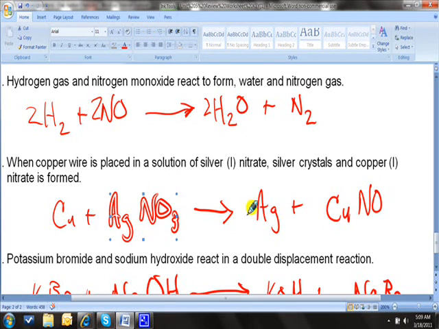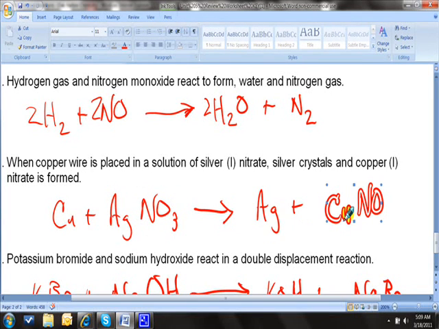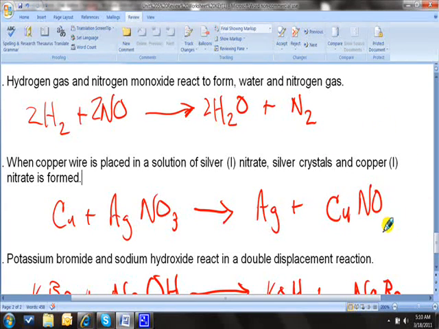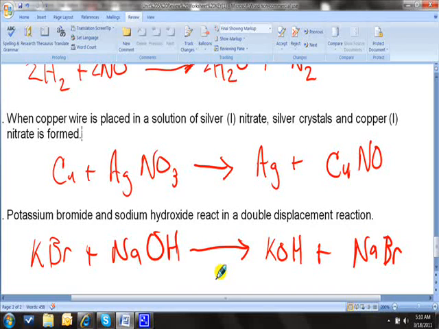No, we have silver and we have copper nitrate. But what's wrong with the copper nitrate? We don't have our 3 over there. Now, unfortunately, I'm working on a computer that won't provide me any writing tools, so I cannot add a 3 there where we really need one. CuNO3 is copper nitrate.